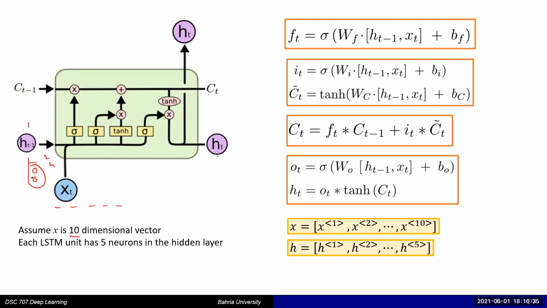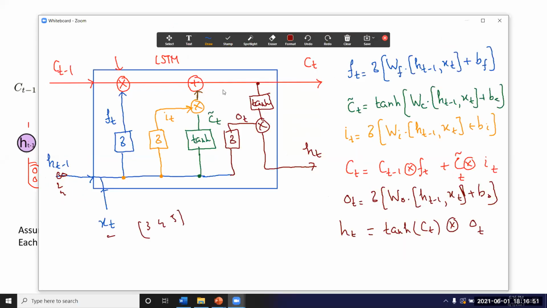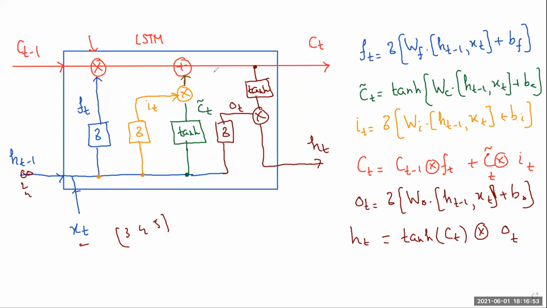Similarly, whatever is the size of this, the same would be the size of this, so this would also be a vector of 2. Of course there will be different values, but now let's discuss how we can compute the parameters, or how we can see the sizes of the vectors flowing on these different paths.